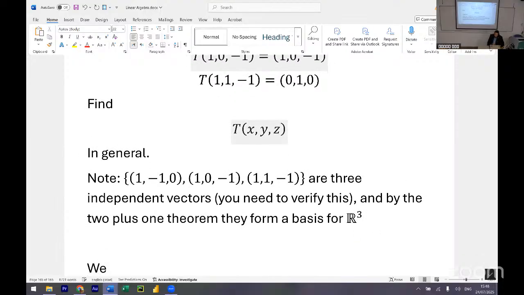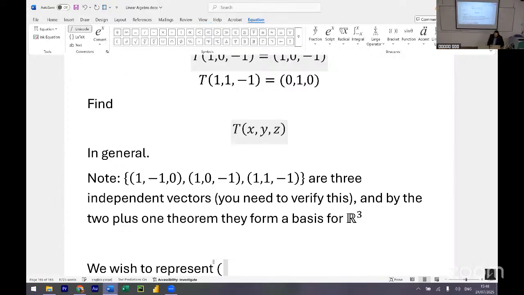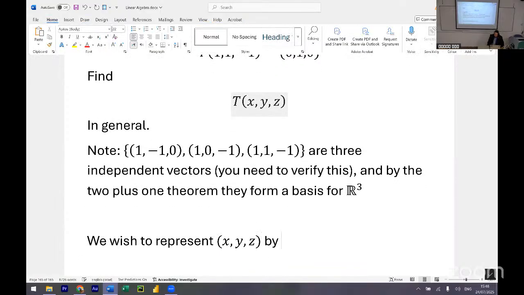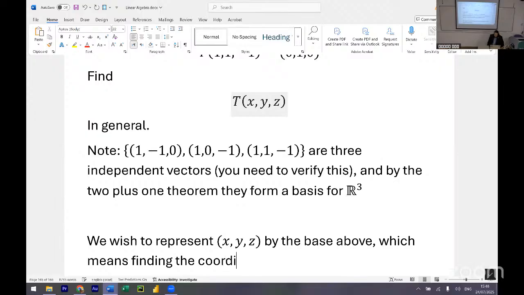So we wish to represent the general vector (x, y, z) by the basis above, which means finding the coordinates.